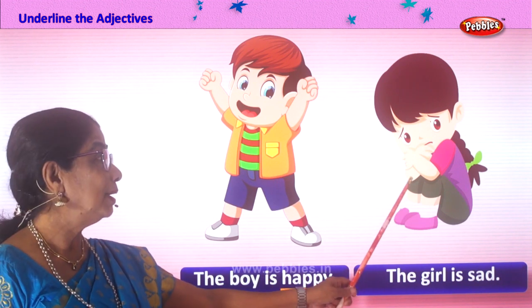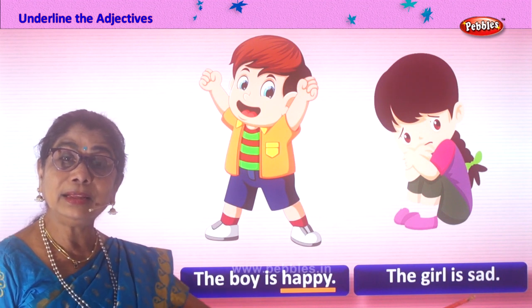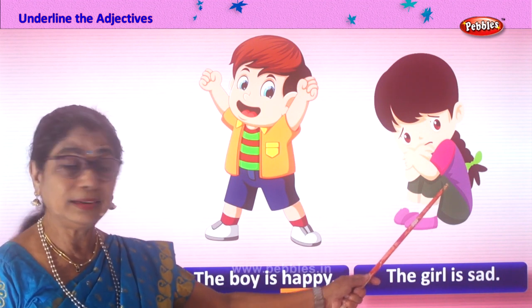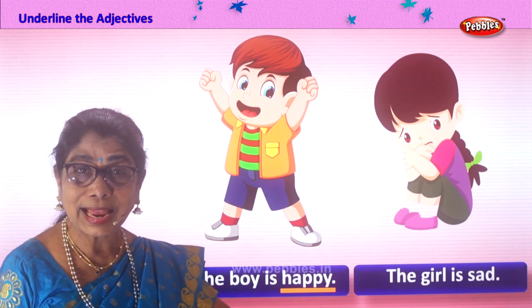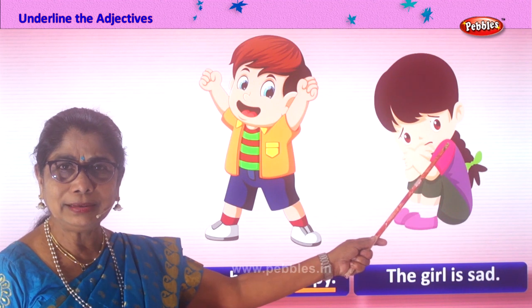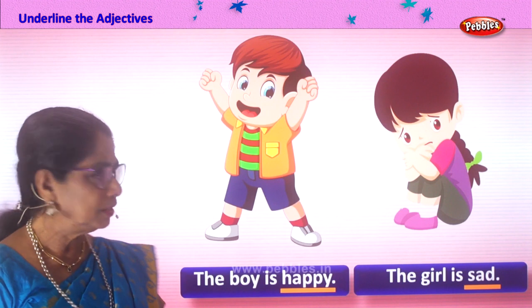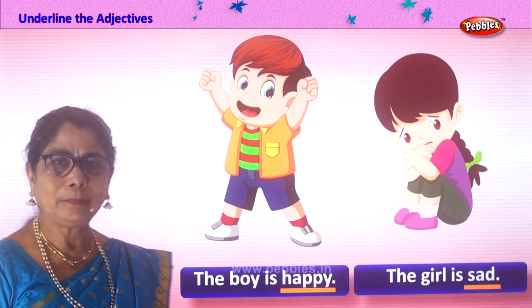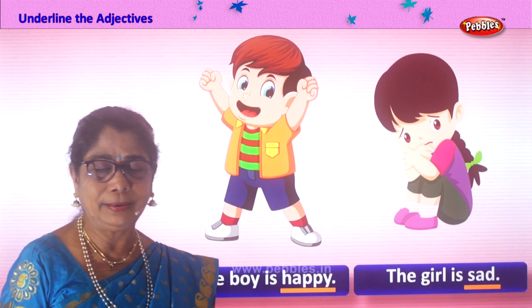Now look at this little girl. Let's read the sentence. The girl is sad. The word sad describes the little girl. How is she feeling now? She's feeling very sad. So we underline sad. The boy is happy. The girl is sad.